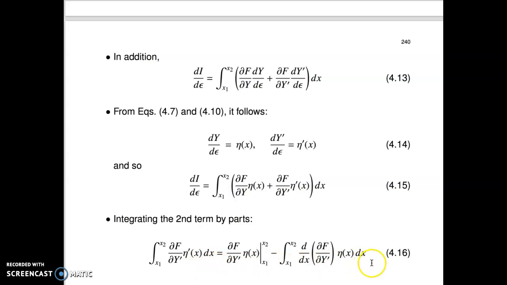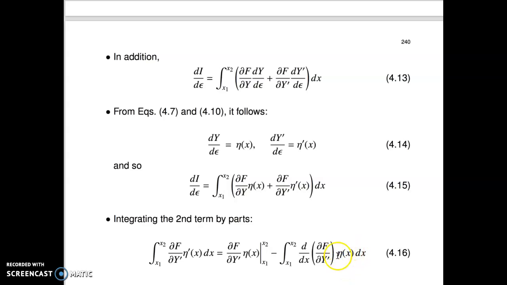So if you follow the logic here, this derivative multiplied by eta primed, which itself is a derivative, between x1 and x2, is equal to that same quantity, dF by dY primed, times eta of x, evaluated between those two points, minus the integral between the same two bounds of the derivative with respect to x of dF by d big Y primed multiplied by, well, we had an eta primed, a derivative.